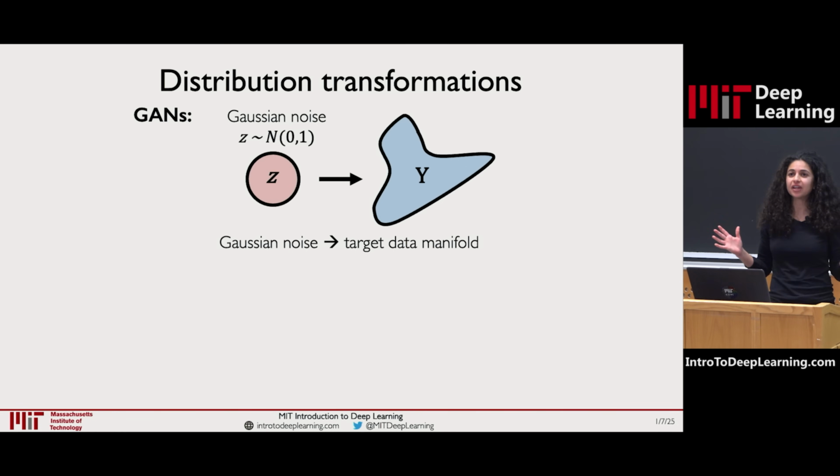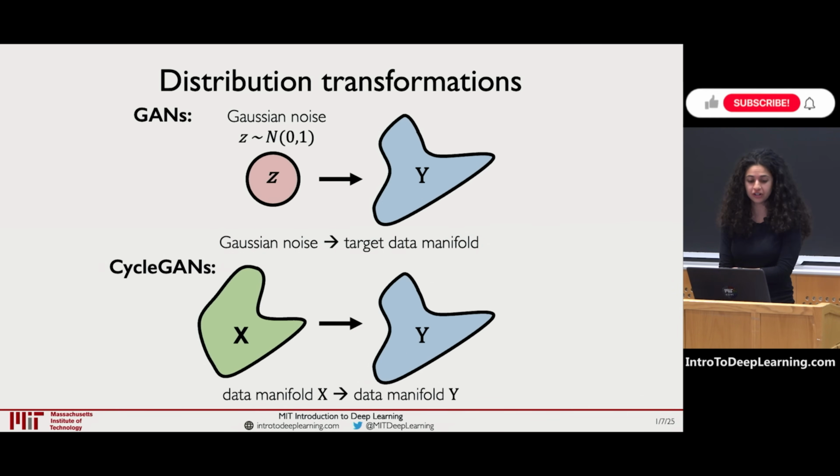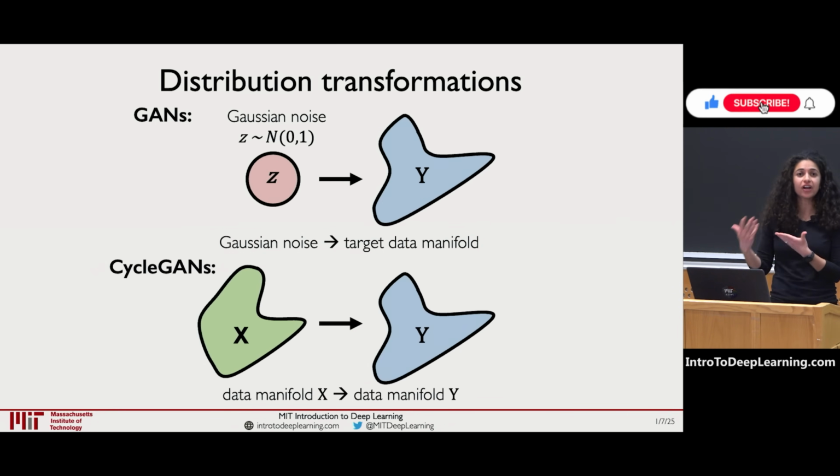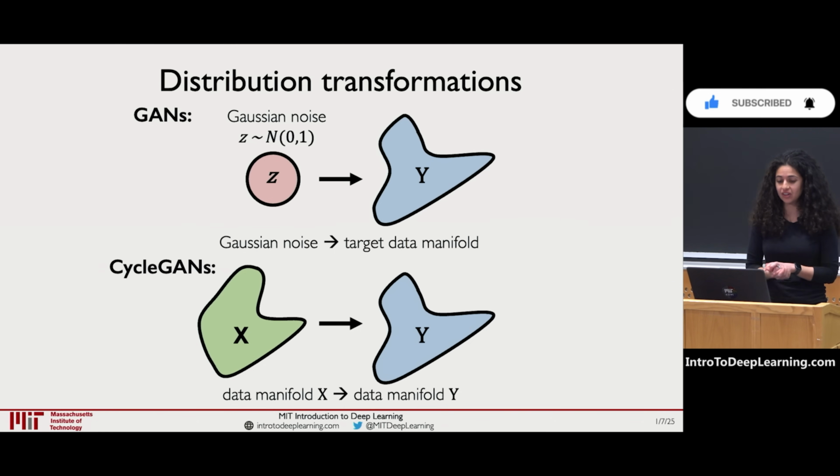We can do something as seemingly wild as going from a distribution of complete random noise to some target. We can also do things like going from one source that's not random to another target source. And there have been variations on GANs, such as cycle GANs, that propose exactly this.